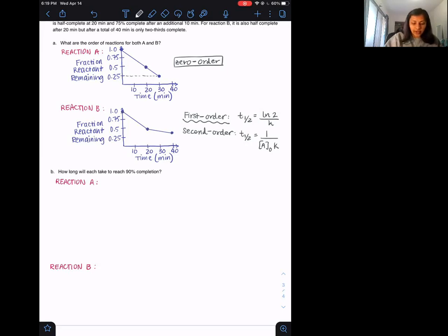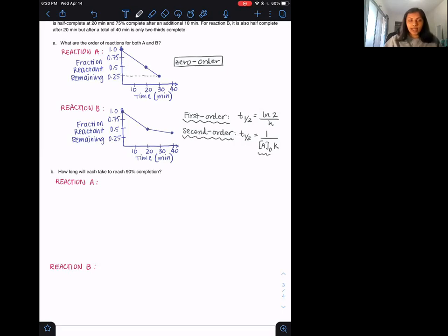For second order reactions, on the other hand, the half-life is given by this equation: T1/2 is equal to 1 over the initial reactant concentration times k. So half-life for a second order reaction is inversely proportional to the initial reactant concentration, A0.